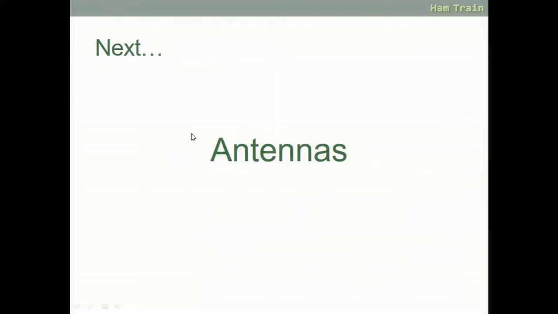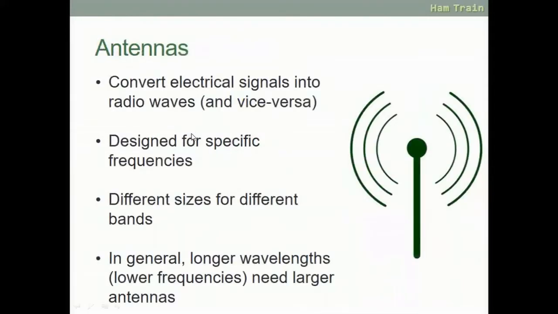Okay, we're going to look at some antennas now. Antennas convert electrical signals into radio waves and vice versa. They are designed for specific frequencies, and it's different sizes for different bands or different frequencies as well.